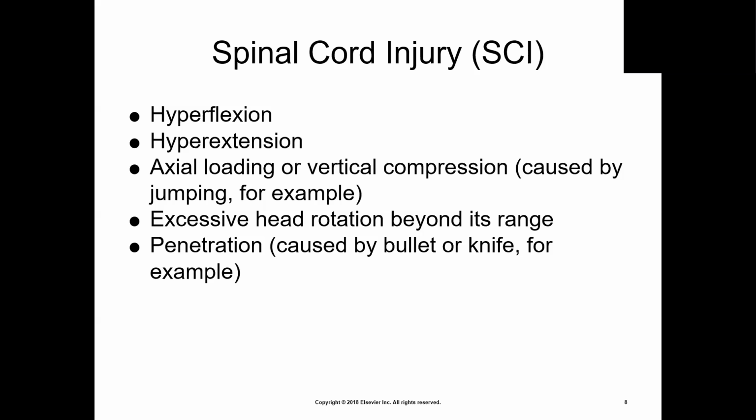It could also be caused by penetration type injury, so specific traumas like bullets, shotguns, or stab wounds, something like that as well, okay? No matter how it happens, we see a loss of function that comes from that injury and from the spinal cord itself. So even though most of them are motor vehicle accidents, it really doesn't matter.